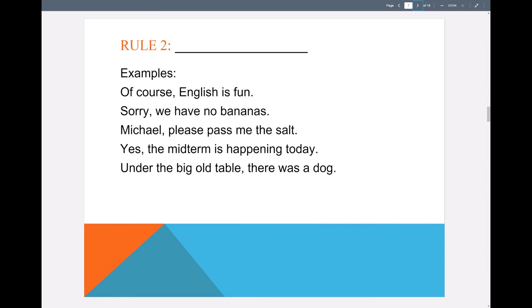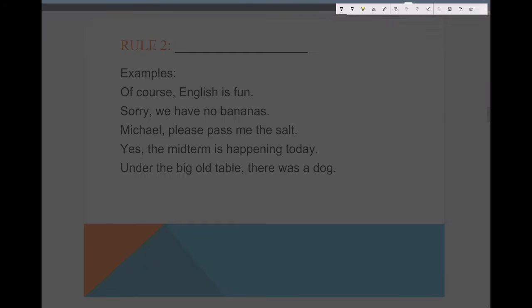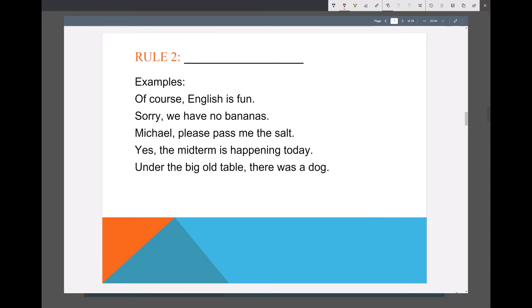Okay, let's try the second rule. Okay, here is, what do you think it is? And we have some examples to help you figure it out. So here's 1, 2, 3, 4, 5. Take a look. Each sentence has a comma, so I'll read them out to you.